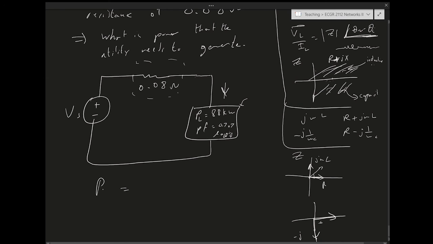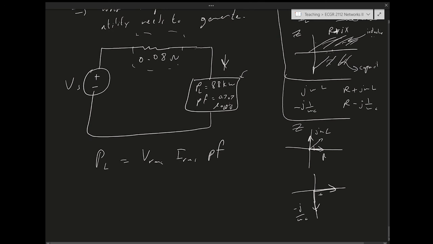So we have the basic equation, PL equals V RMS I RMS cosine of theta V minus theta I, which is the power factor we said, right? So we can solve for I RMS, that equals PL, which is given, over power factor times V RMS.